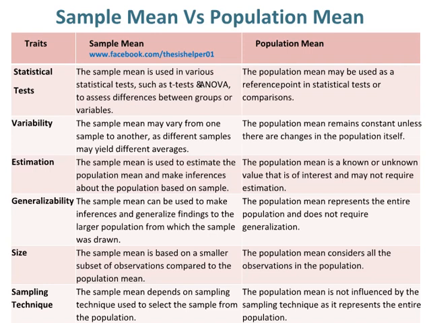Whereas, the population mean considers all the observations in the population. The sample mean depends on the sampling technique used to select the sample from the population. Whereas, the population mean is not influenced by the sampling technique as it represents the entire population.